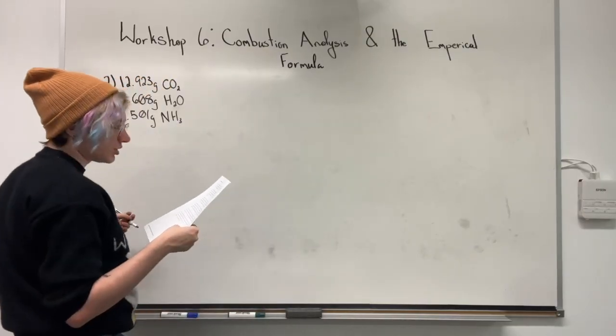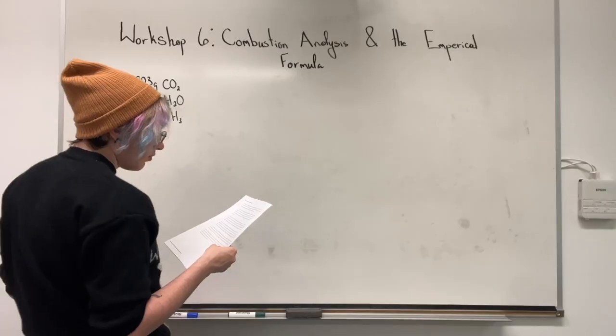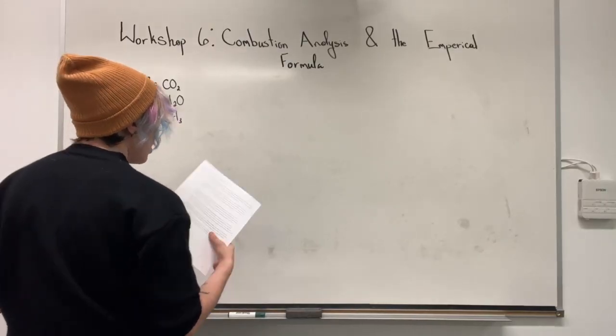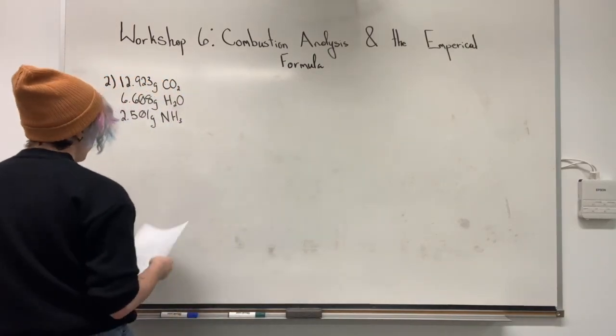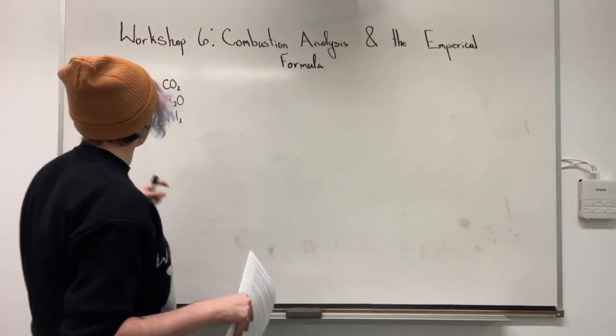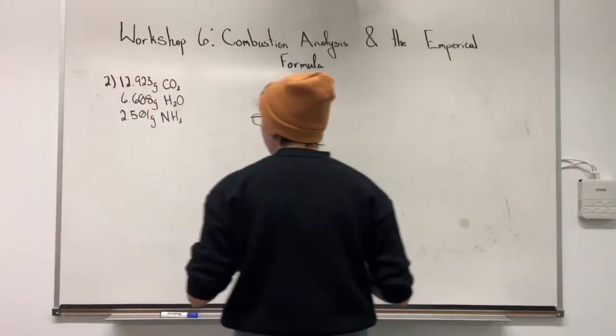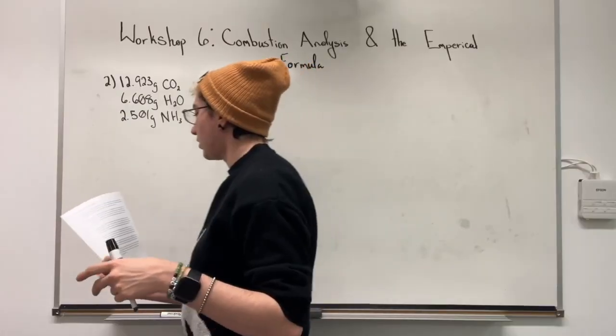The complete combustion of 11.14 grams of the compound needed 10.573 grams of oxygen. What is the empirical formula? So they give us each of our products, carbon, hydrogen, nitrogen. They also give us information about the initial sample.